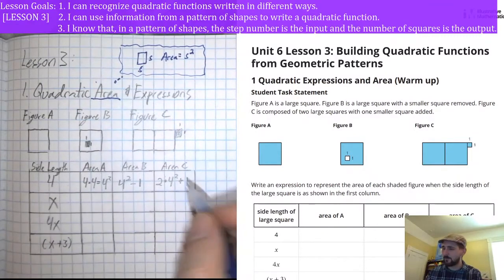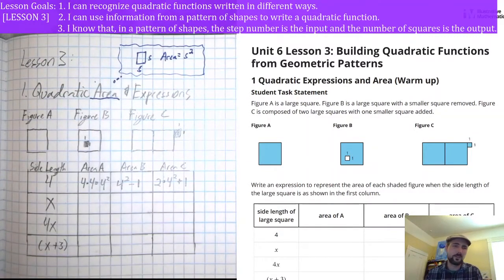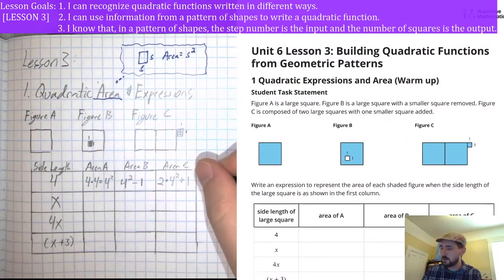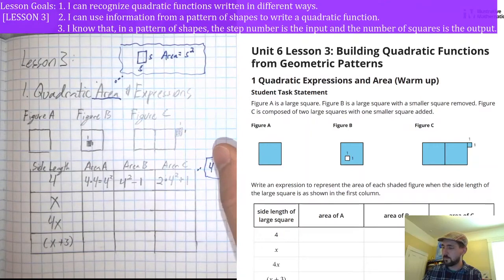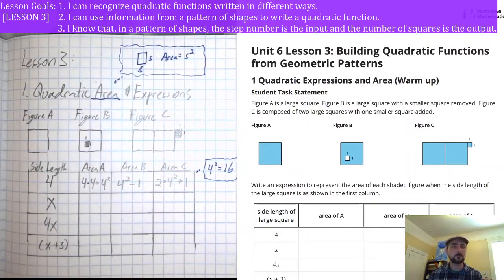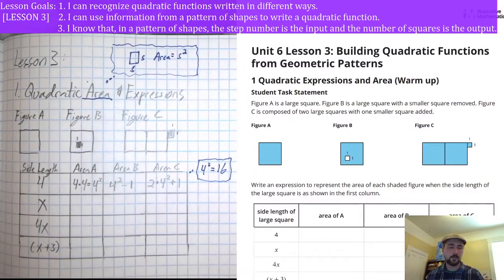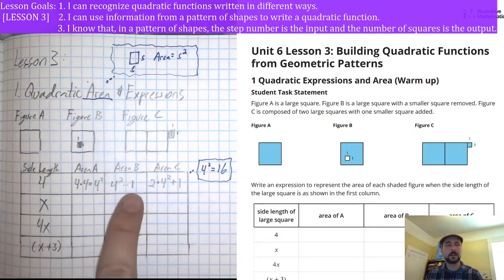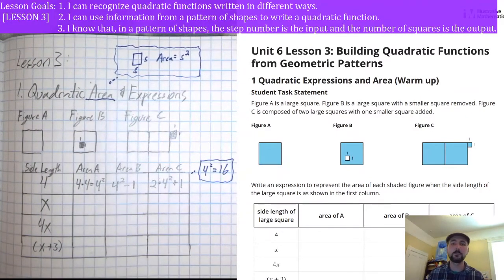And also, I'm writing 4 squared here, but remember 4 squared you could also just say 16. 4 squared equals 16. And so if you had said 16 minus 1 or 16 times 2 plus 1, that's fine as well.